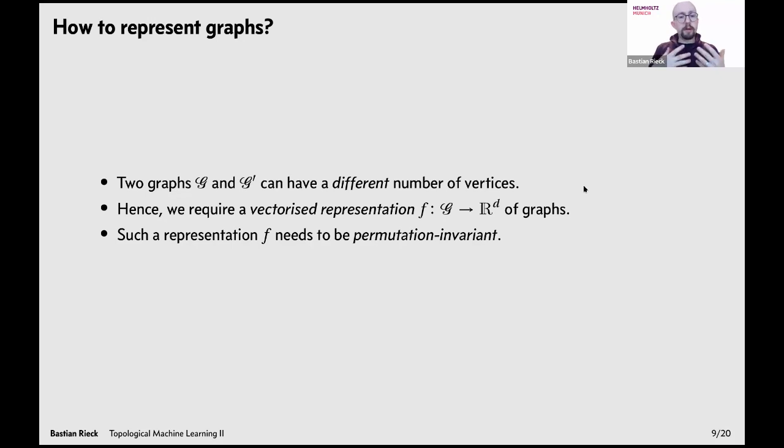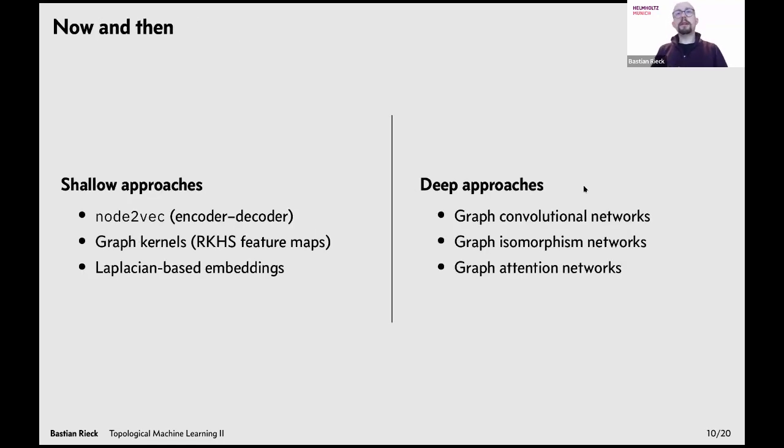When you think about it, this is a very valid and intuitive property that such a map must have, because in reality, the ordering in which we number the nodes doesn't matter, right? A graph is about its topology, and so if you change the ordering because you specify the vertices in a different order, then of course your representation shouldn't change. And in a very real way, you could say that graph learning is about finding these types of permutation invariant functions.